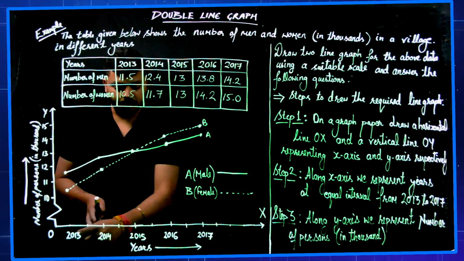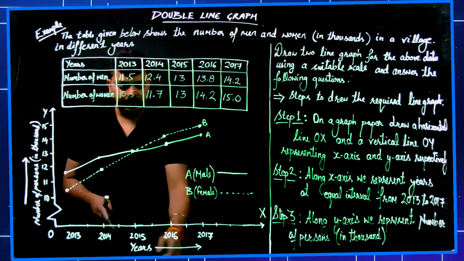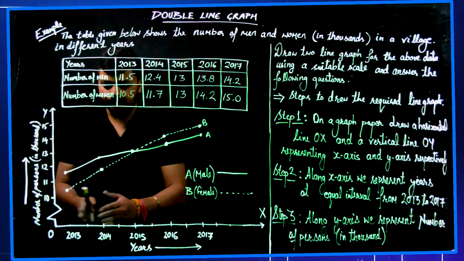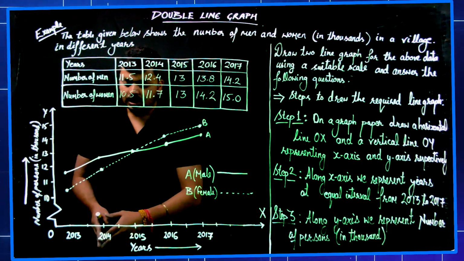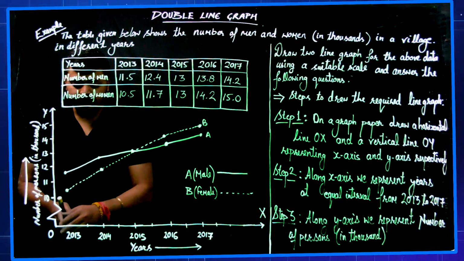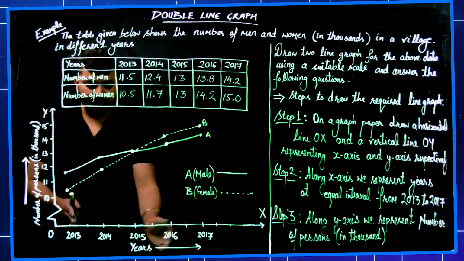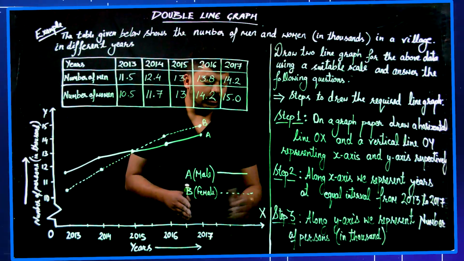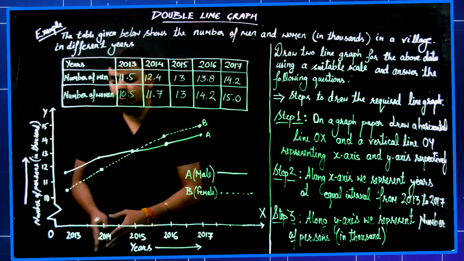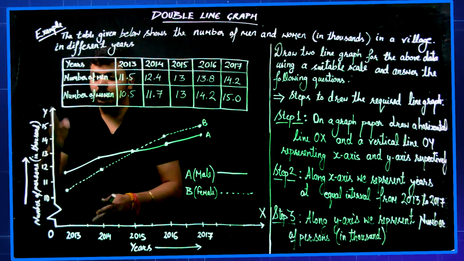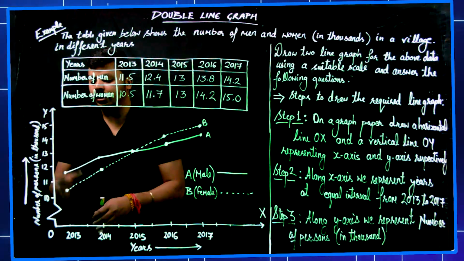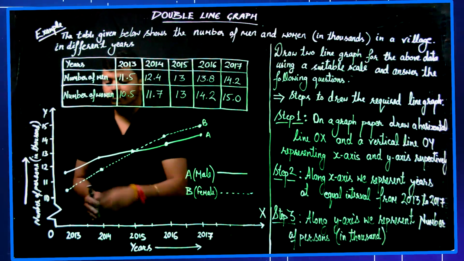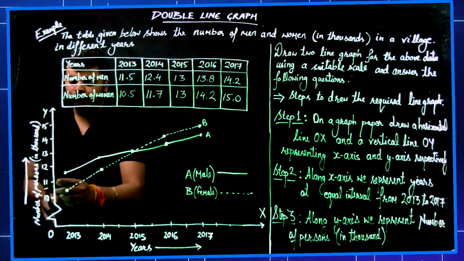Step 2, along the x-axis we represent years at equal intervals, with scaling 2 units equals 1 year. Step 3, along the y-axis we take number of persons in thousands, with scaling 1 unit equals 1000.